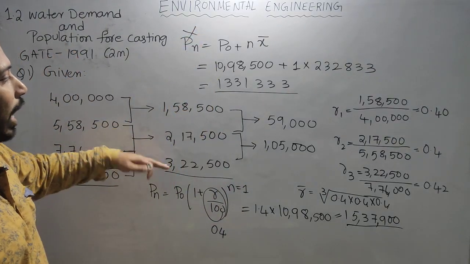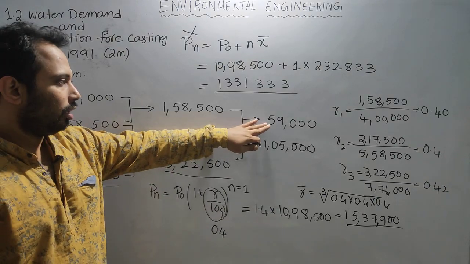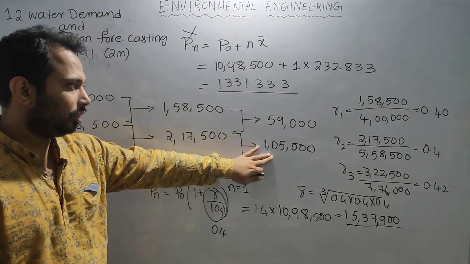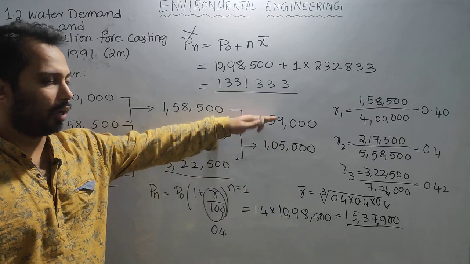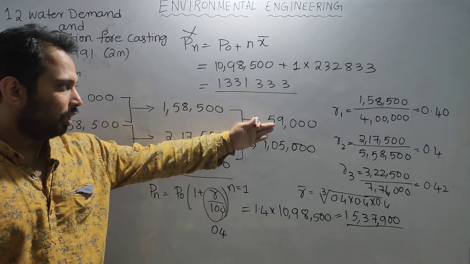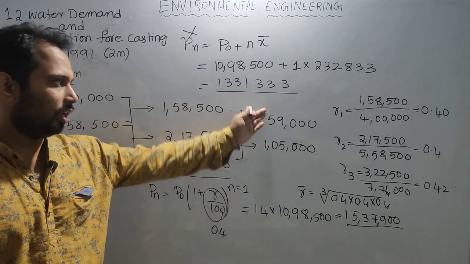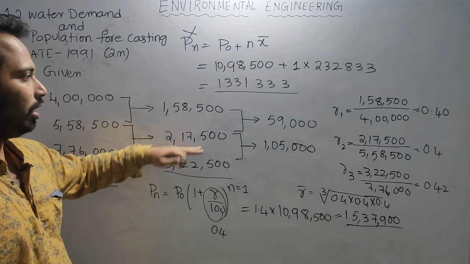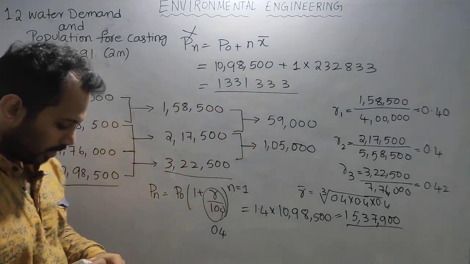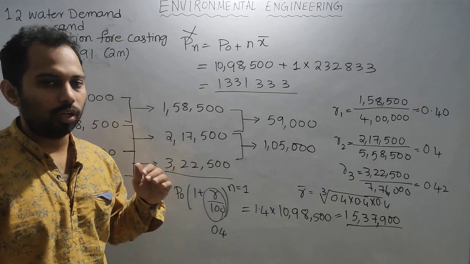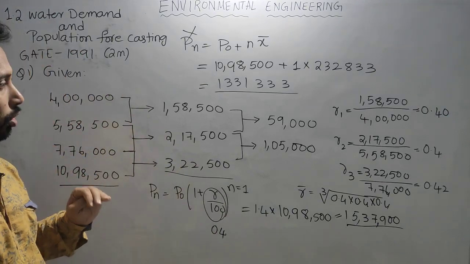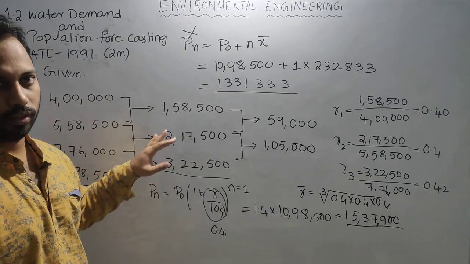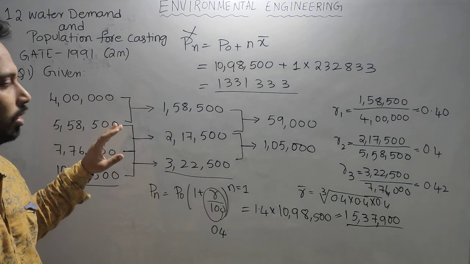If the growth is erratic, that means if this is 59,000 and this is 40,000, there is a difference in the growth. But here the growth is increasing in the same pattern, double. Here it is getting double, here it is getting double. That means the incremental increase method is also not a suitable technique, especially for this problem.